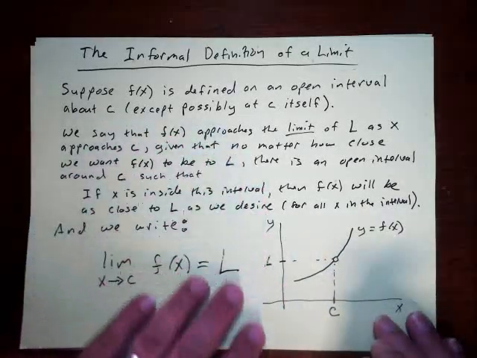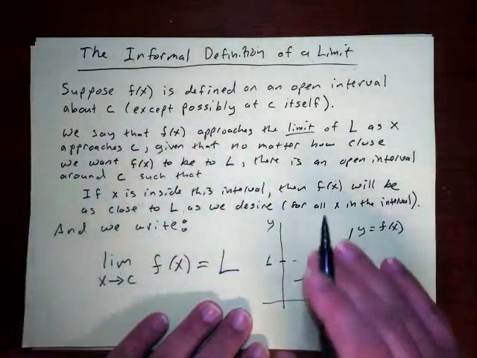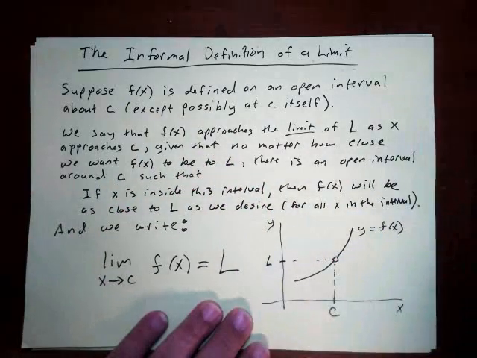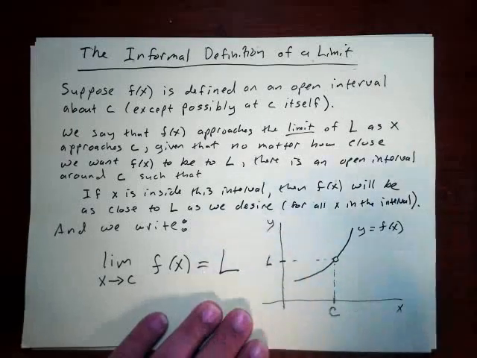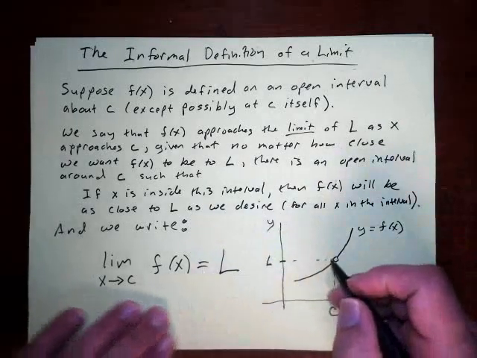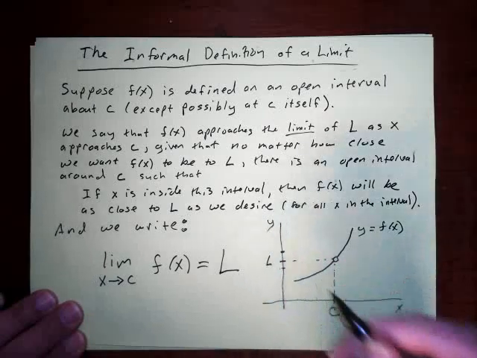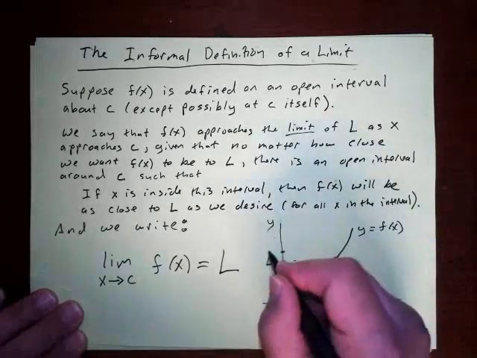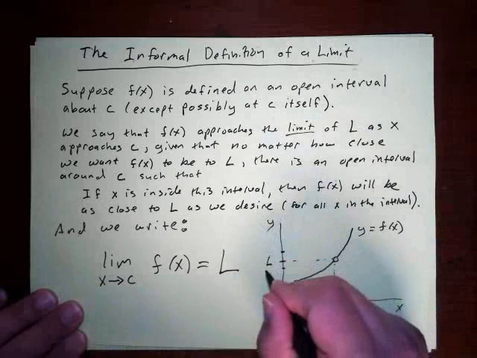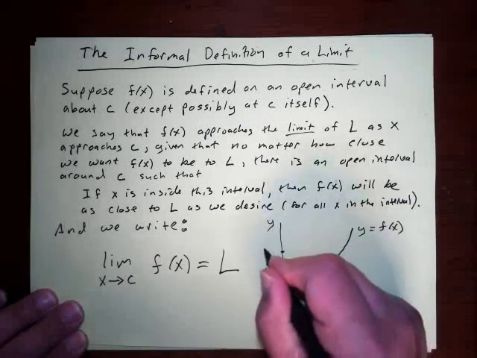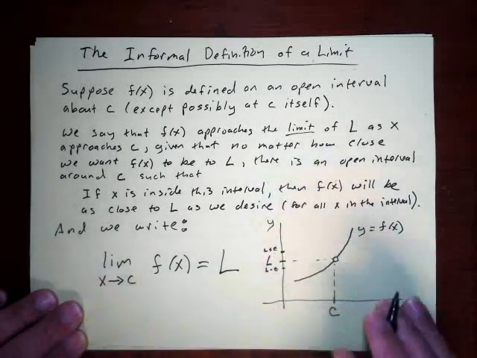So the way to understand this definition is that f of x approaches the limit L as x approaches c, given that no matter how close we want to be to L, okay, so maybe I'll put a tolerance here. And in the formal definition, this endpoint is L minus epsilon, and this one is L plus epsilon.